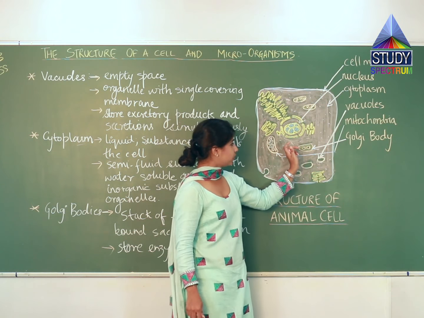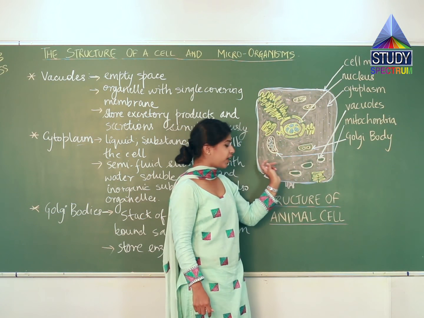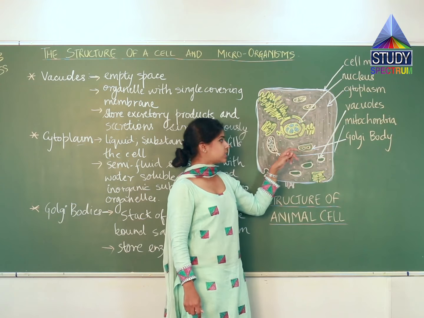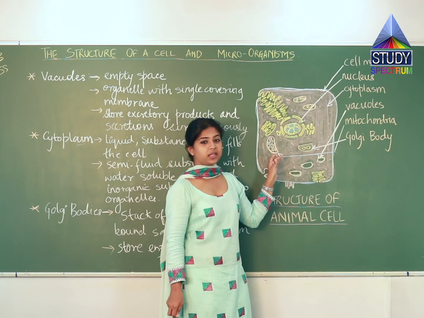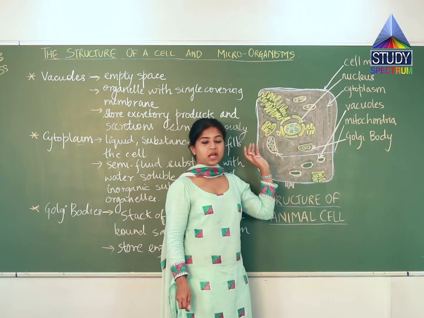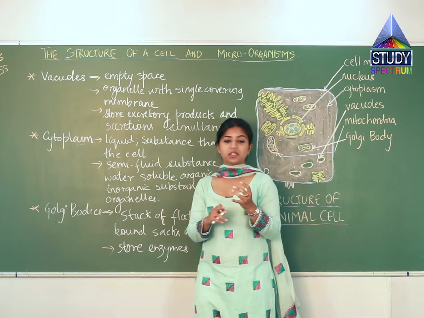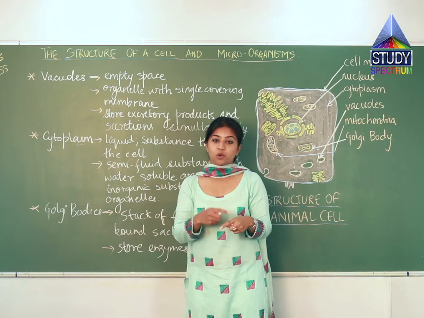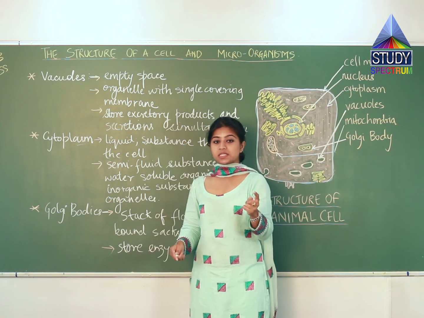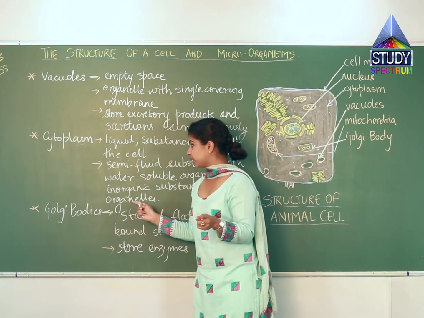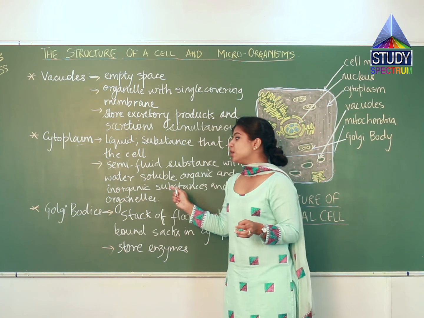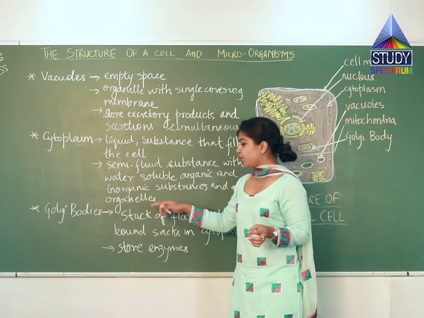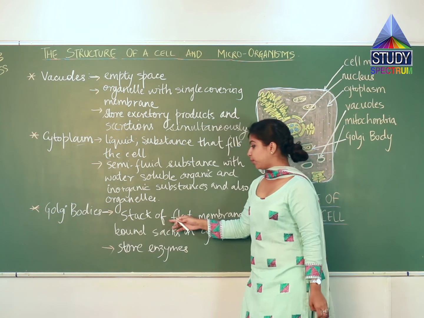I have indicated with the white dots that these are the water-soluble, inorganic and organic substances or ions that are present in it, because ions are also helpful for conducting signaling in the whole body. So cytoplasm consists of that to enhance the conducting process, that is the electrical impulse, from the rest of the body. So let's move on to the next part, that's the Golgi body.